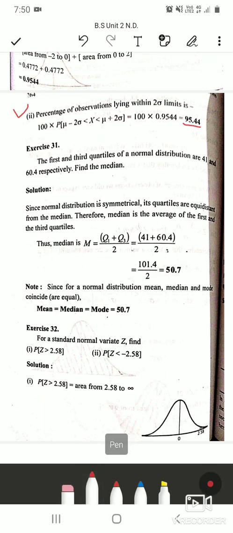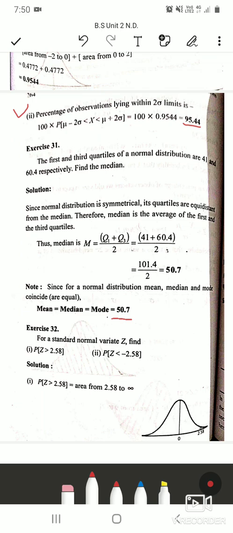Further, if they ask along with the median to find the mean and mode, then we know again that for a normal distribution, mean, median, mode are equal. Therefore mean equals median equals mode equals 50.7.